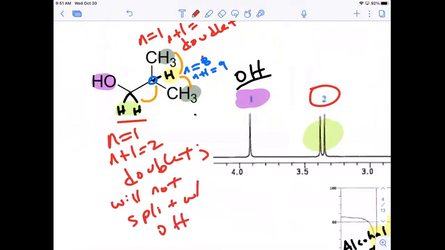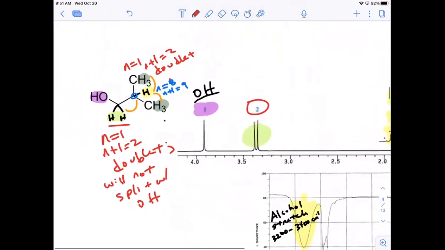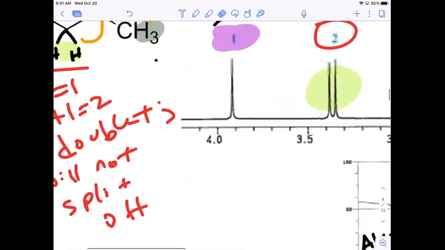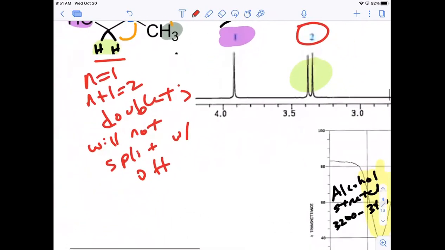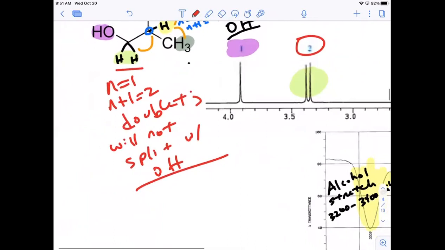Okay, so why is it so far downfield? Is it because it's next to the alcohol? Yes. So it's downfield due to its proximity to that oxygen.